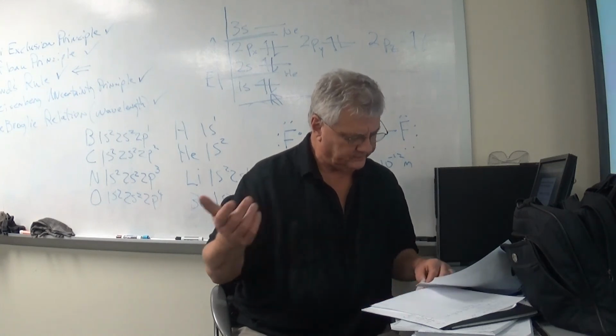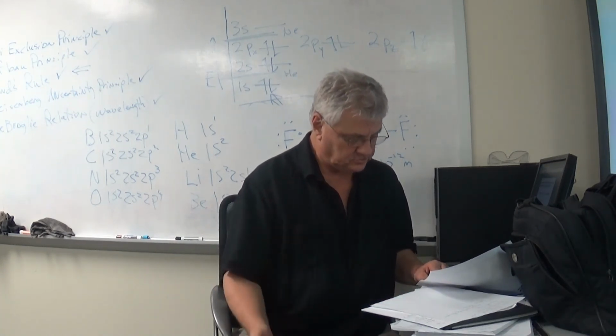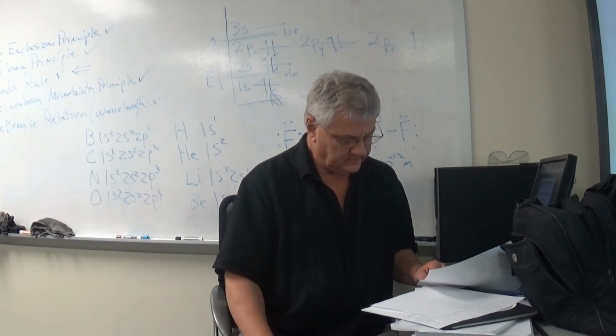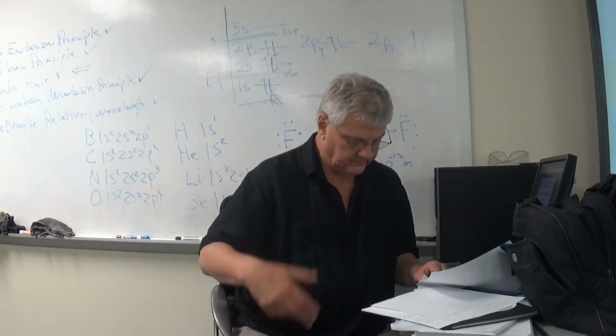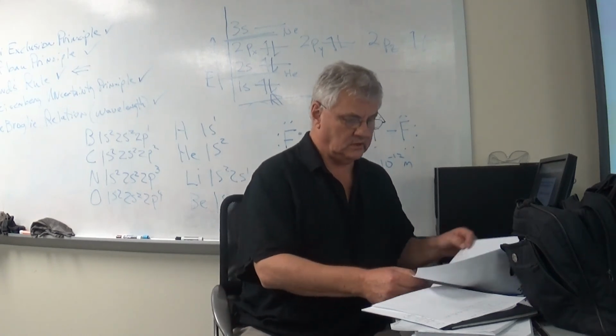When n equal 1, of course, all you can have is an s orbital. When n is equal to 2, you can have an s orbital and 3 p orbitals. When n is equal to 3, you can have an s orbital, p orbitals, and 5 d orbitals. And so the number of orbitals increases.